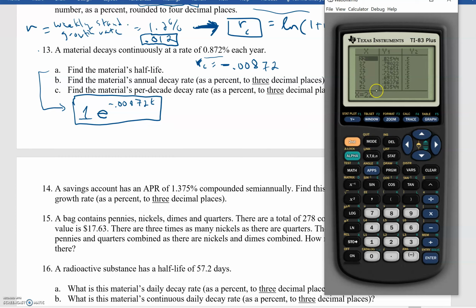I happen to be set on increments of 5, so this will get me there pretty quickly. You see it happens between 77 and 82, but if you are starting off from 0, you've got to be careful to check your table and see what your window should be. So I'm going to put this at 100, and then do zoom fit.